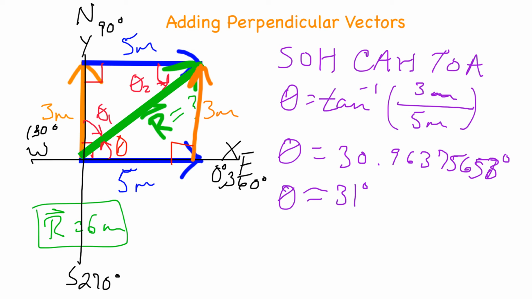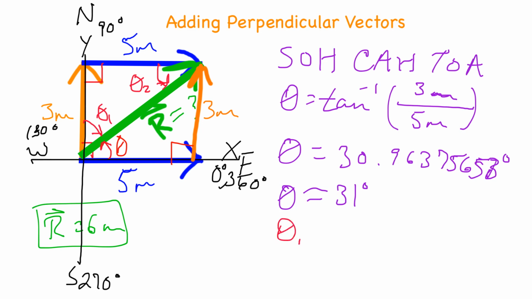And you know that this whole thing here is 90 degrees. We just figured out that this angle is this 30 point blah blah blah. So 90 minus this gives us this angle. And that is 59. Let's see, where can I write this?